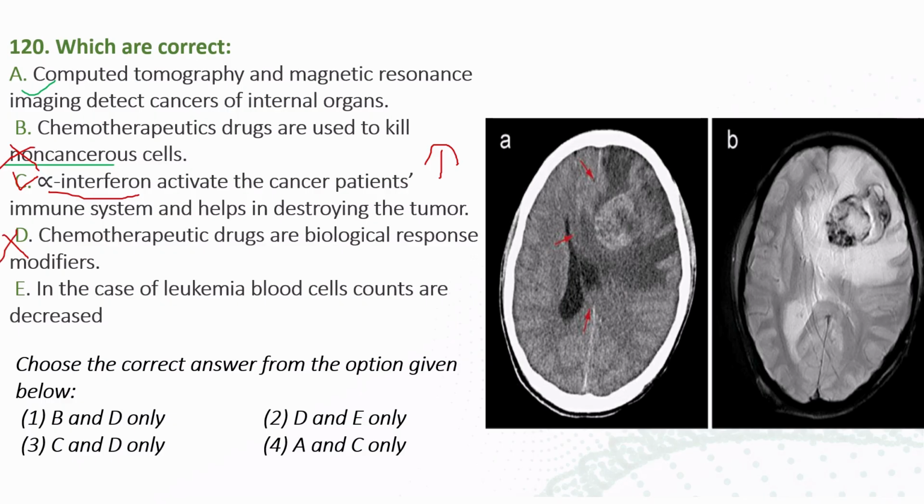In the case of leukemia, blood cell counts are not decreased actually. This is not the right answer. So according to this, the right answer here is A and C only. Why? Because CT scan and alpha interferons are the right options for this question.